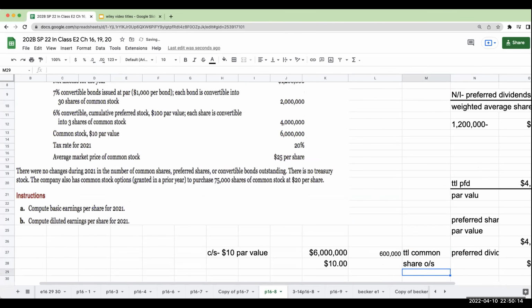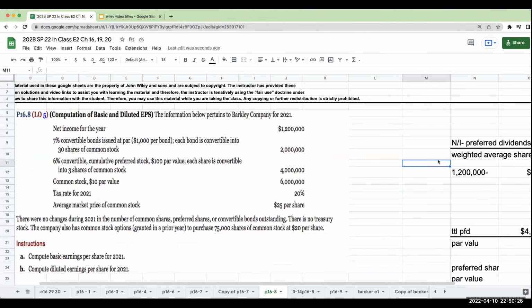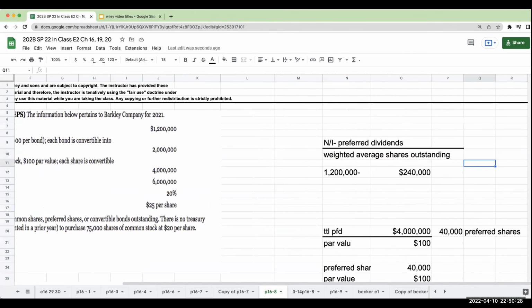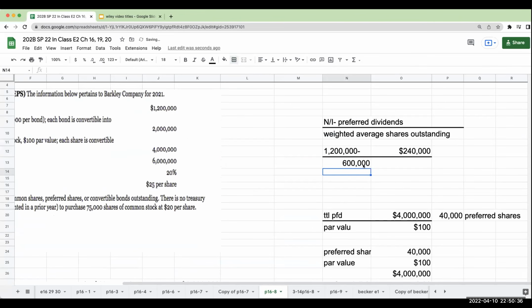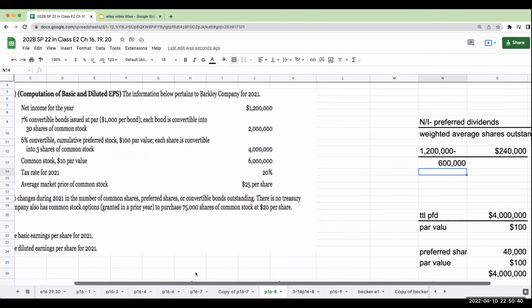Now, really quickly, when we're looking at this, there's no treasury stock. There are options, which I'm going to go through momentarily, but for basic earnings per share, this is going to be 1.2 million minus my preferred dividends, divided by my total basic shares. I'm assuming that these were all done at the beginning of the year.